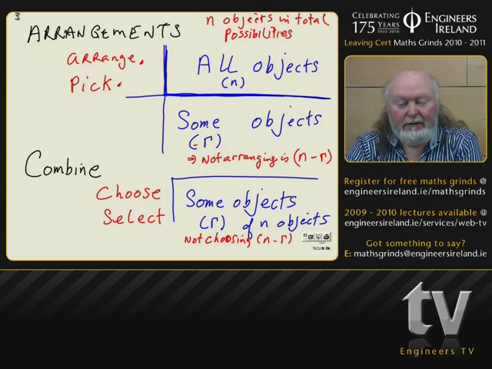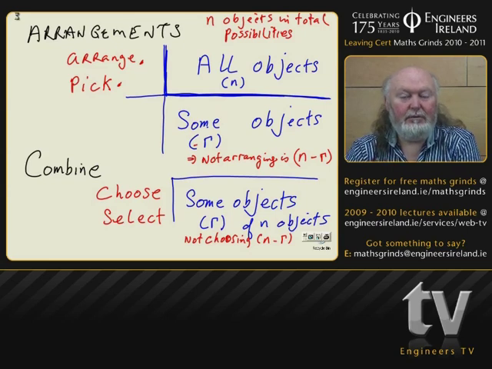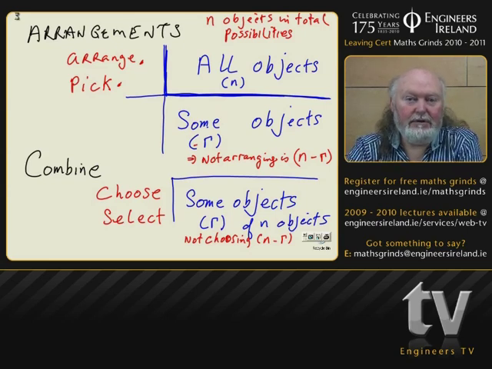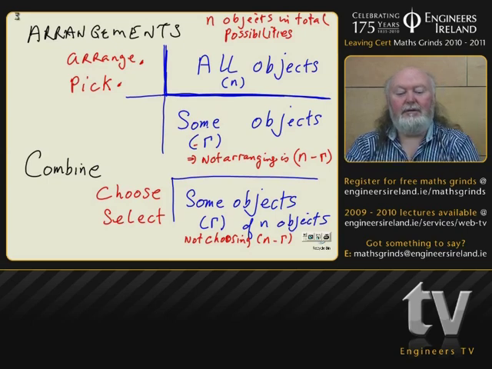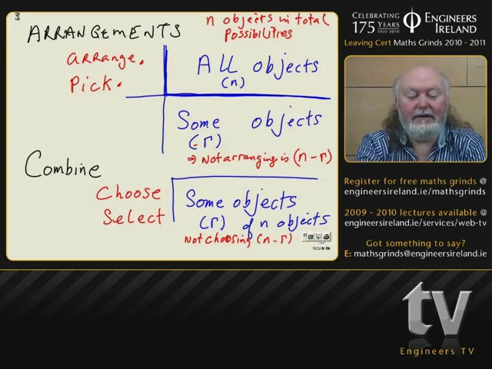I know I'm going to have to clear the screen now so that we can continue, but this screen really lays out the important keywords along with the words you have already, which are and or. Arrange and pick. If you hear those words, you're going to be dealing with this side of things.